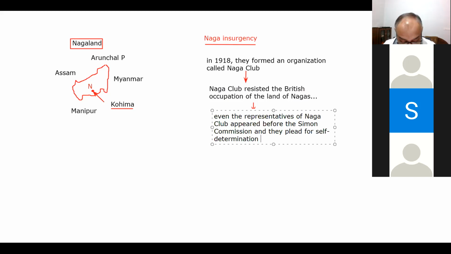They pleaded for self-determination after the British departure.